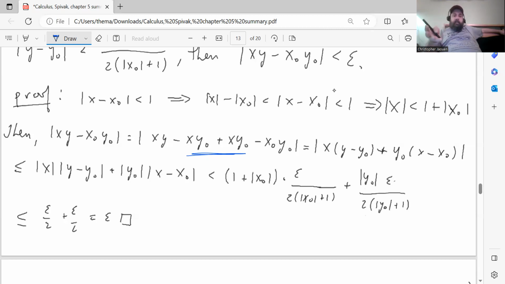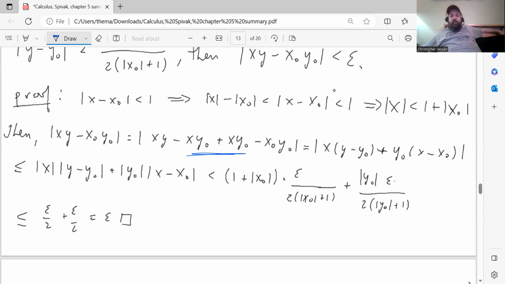And by what we assumed, absolute value x is less than 1 plus absolute value x0, and absolute value y minus y0 is less than epsilon over 2 times absolute value x0 plus 1. And then all those inequalities follow, right? I think I've said absolute value like 1,000 times already in this video.